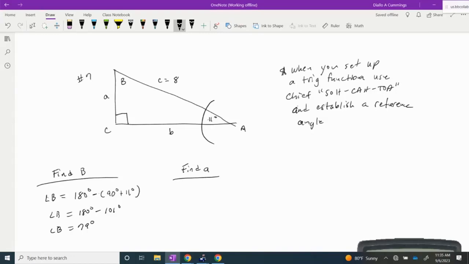So when I say SOH-CAH-TOA, that means we got to label our sides. We have to label one side as the hypotenuse. The hypotenuse is always opposite the right angle, right? So I generally like to label the hypotenuse first. So side C, which is across from the right angle, that's my hypotenuse.